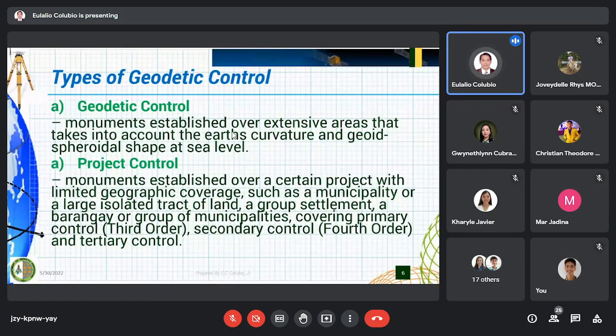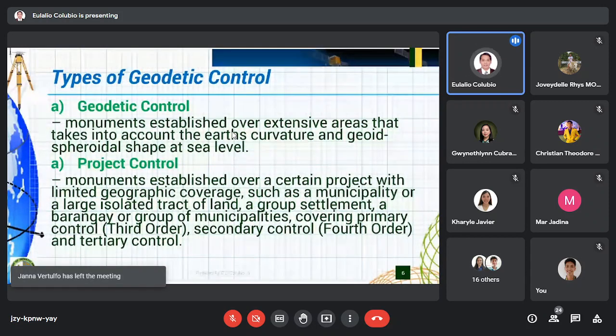While the project control is only limited to a geographic coverage, like for example the jurisdiction of a certain city. So your scope, your coverage, your project only extends that far.